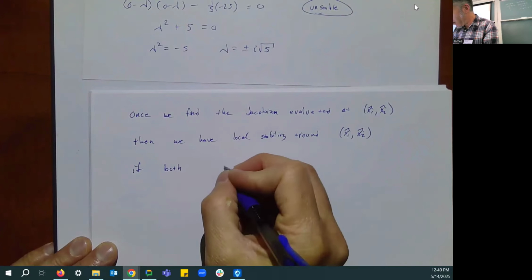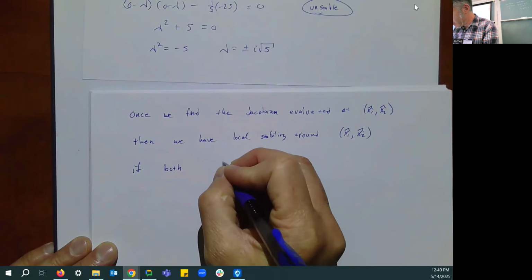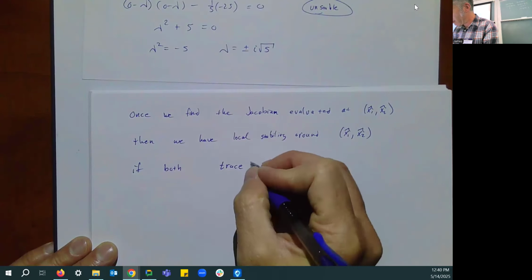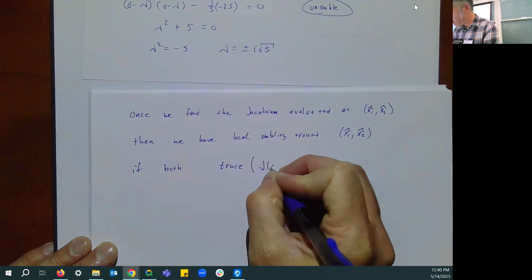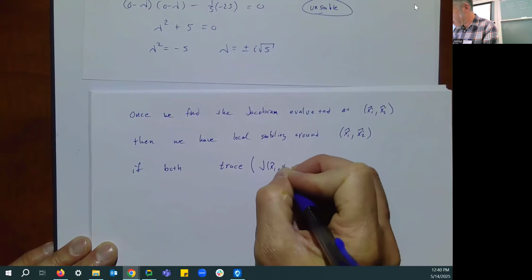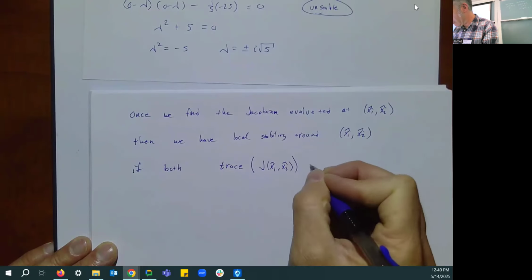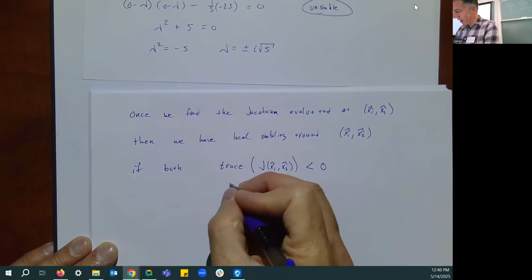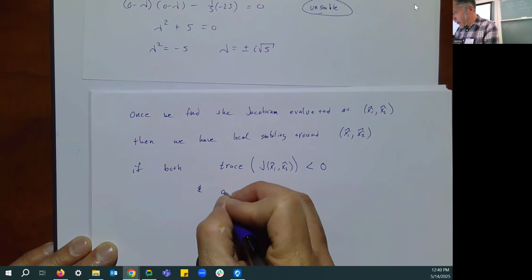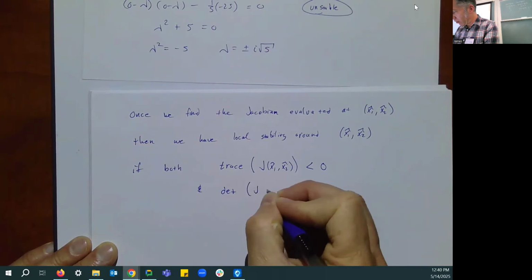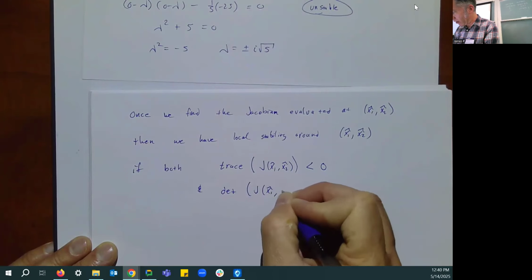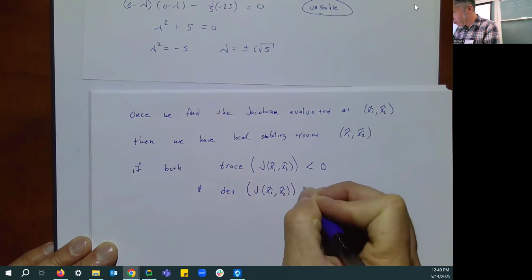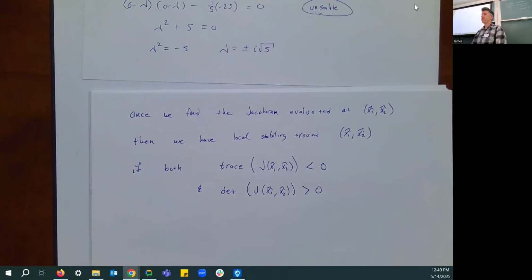So if both the trace of the Jacobian at our equilibrium is negative and the determinant of that Jacobian matrix evaluated at the equilibrium is positive. Strictly negative, strictly positive. Equaling 0 is not an option here.